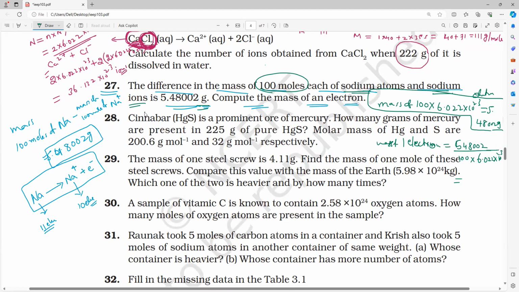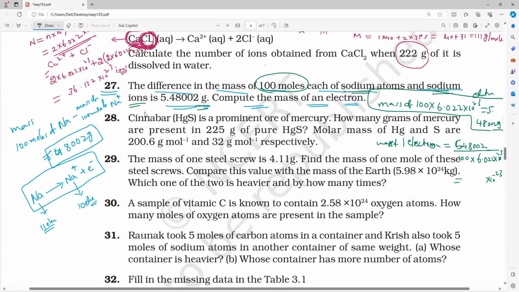Solve this, everybody. This 10 power 23 goes up, so 10 power minus 23. Now divide this one. All of you do it.